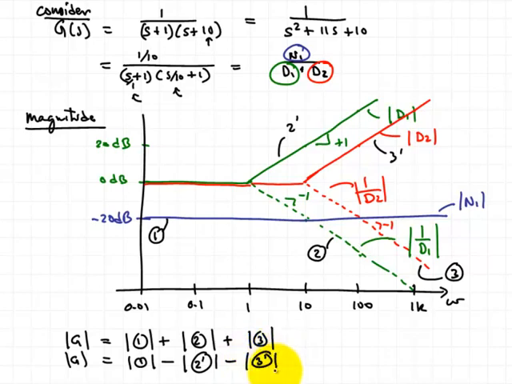I prefer, since we've already drawn the 1 over D1 and 1 over D2 magnitudes, let's just add those together. So we'll do 1 plus 2 plus 3.